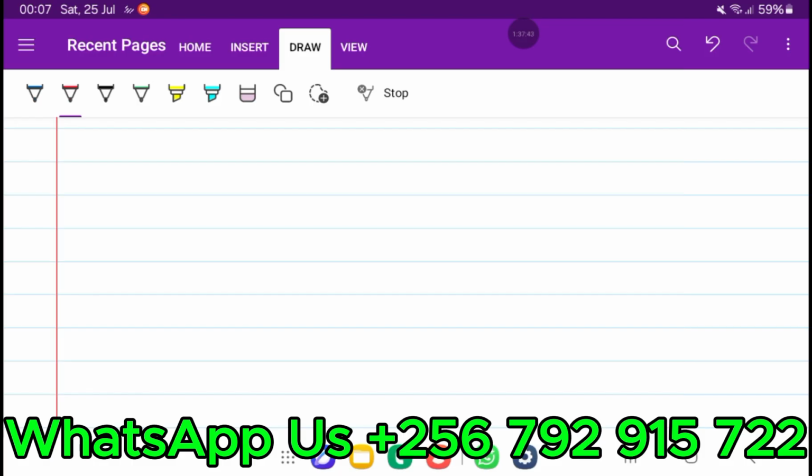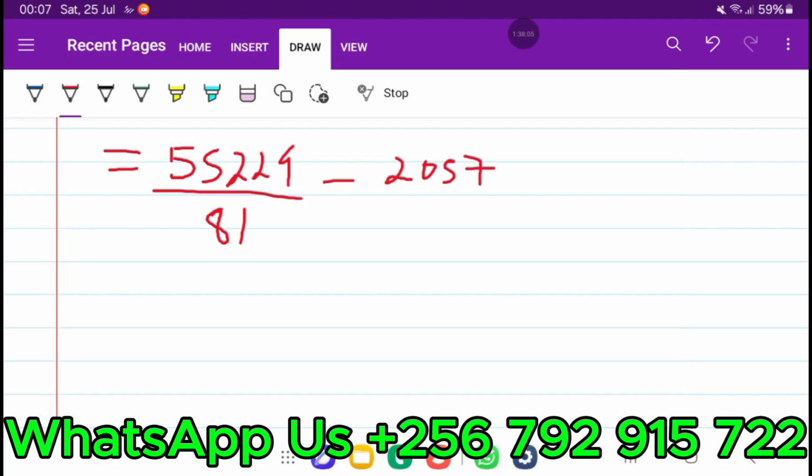So summation fx squared is 55,229 divided by summation f, which is 81, minus 2057 divided by 81, bracket squared.